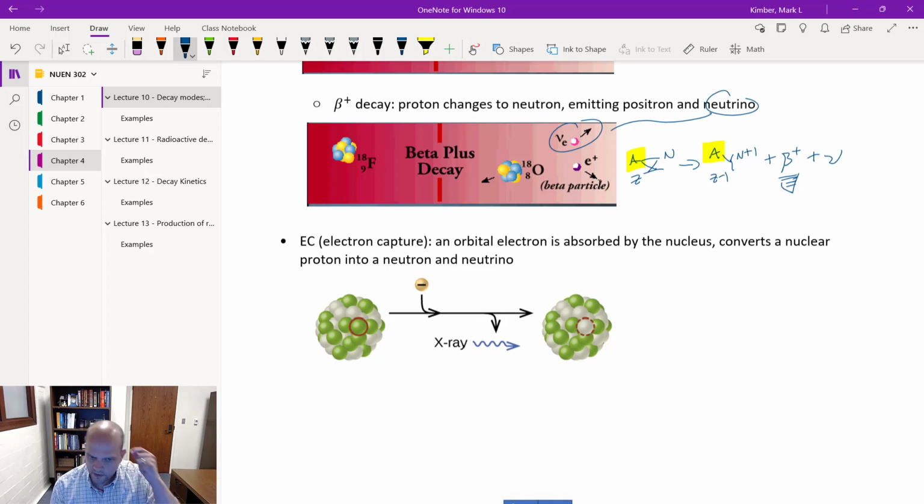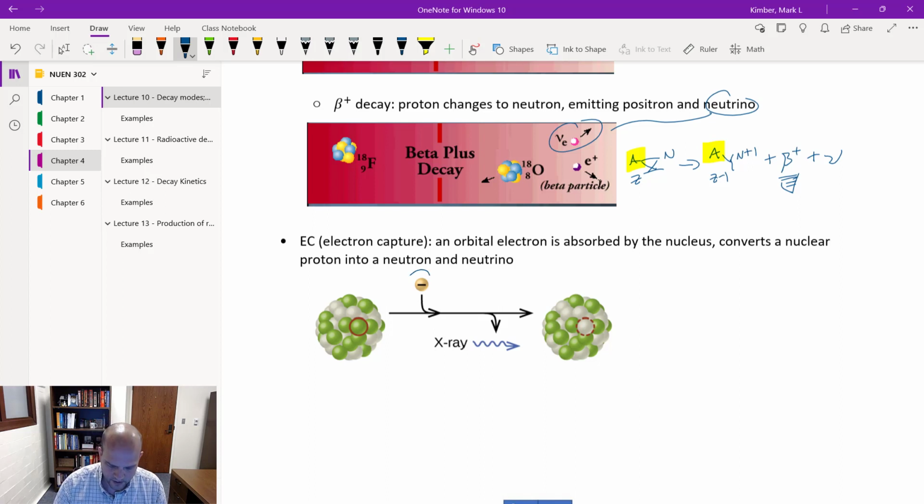But instead of an electron or positron originating from the nucleus, we are talking about an electron that's already in the electron cloud, in the molecule, in the atom, getting absorbed in, and then ejecting out some X-ray.